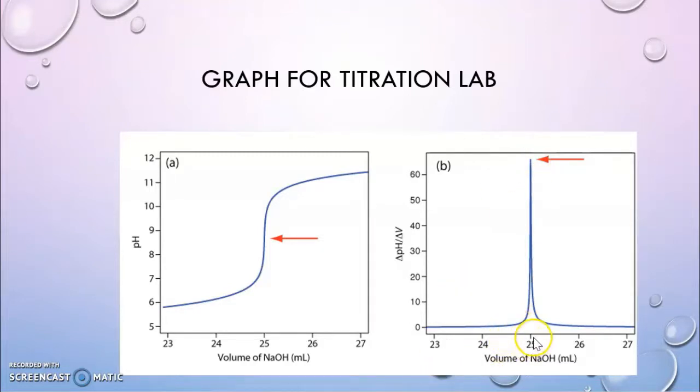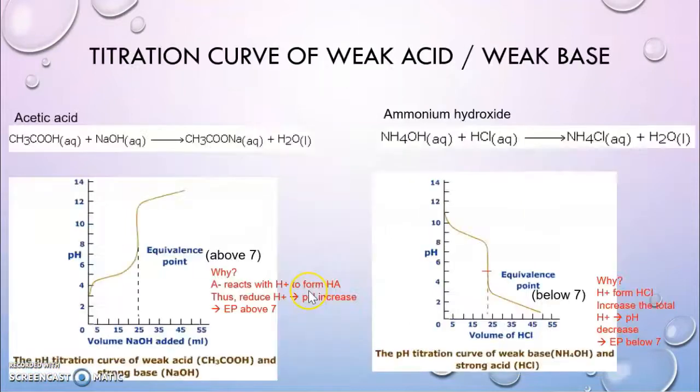The volume that is shown here is exactly at 25 ml, where the equivalence point is located. In other words, when 25 ml of sodium hydroxide is added into the acid, the equivalence point will be reached.